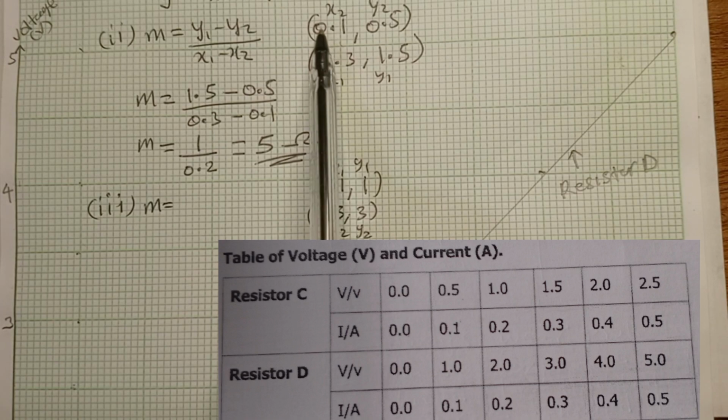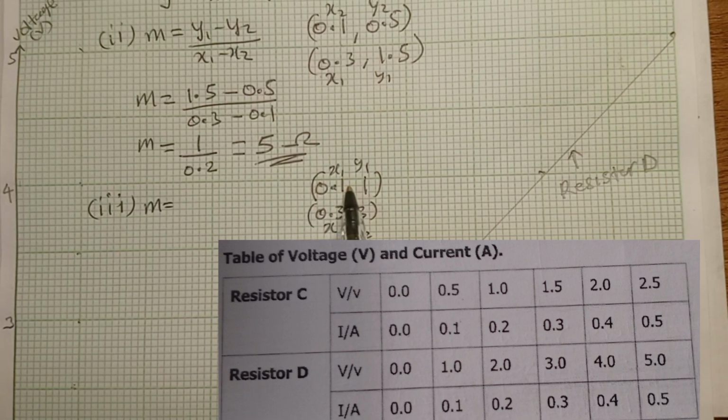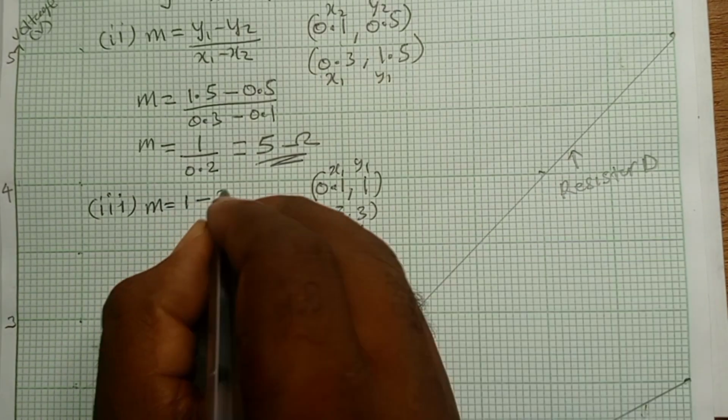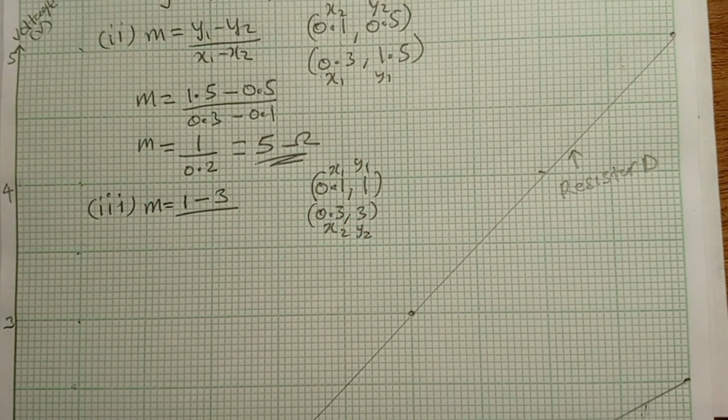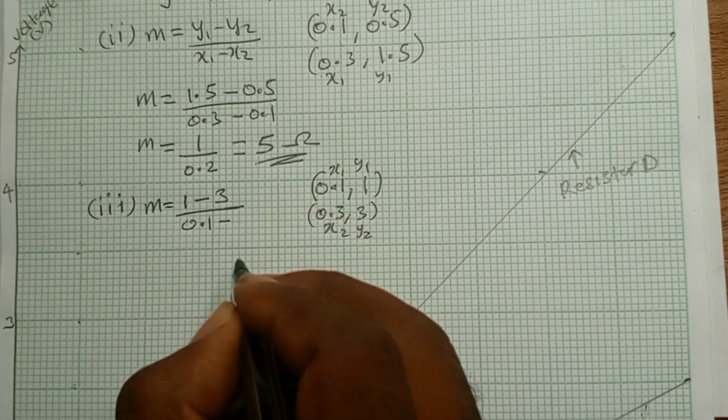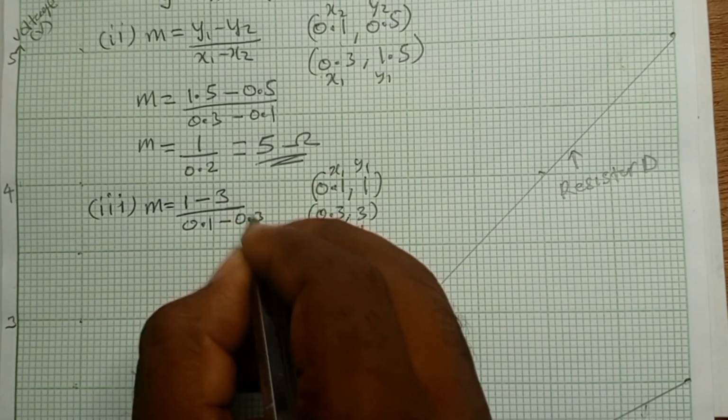So here we have 0.1, here we have 0.1 comma 1. Here we have 0.3, here we have 0.3 comma 3. So we have y1, which is 1, minus y2, which is 3, over x1 0.1 minus x2, we have 0.3.